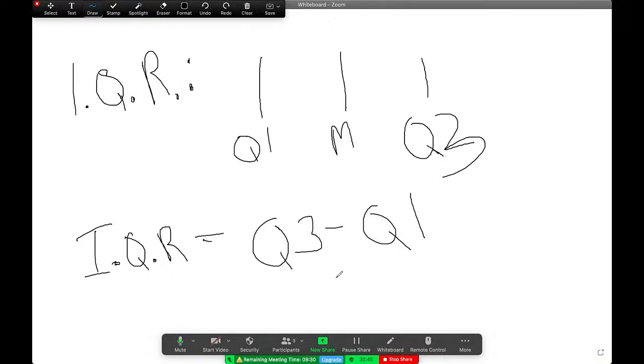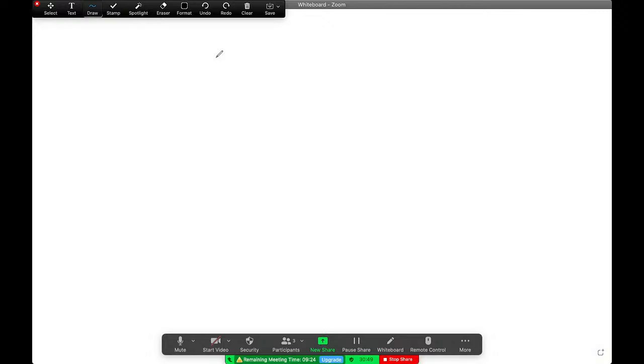So what is this used for? Well, first of all, it's used for finding whether something is an outlier or not. An outlier is when something is way too far from the rest.